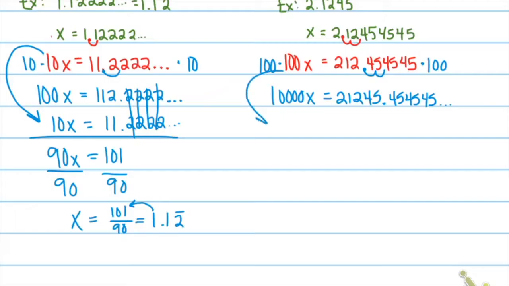I bring my red line down, and now I can do that subtraction, because when I line everything up, I notice that my repeating portion can subtract away, can eliminate. And now I'll just do my normal subtraction.